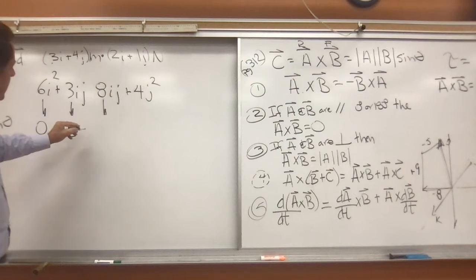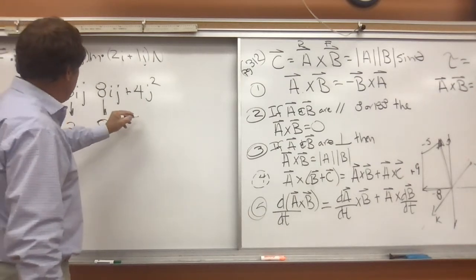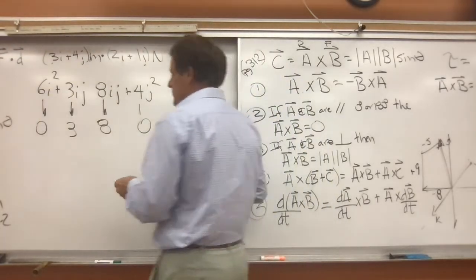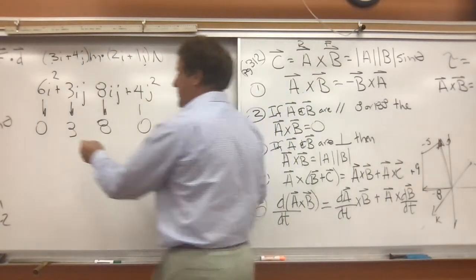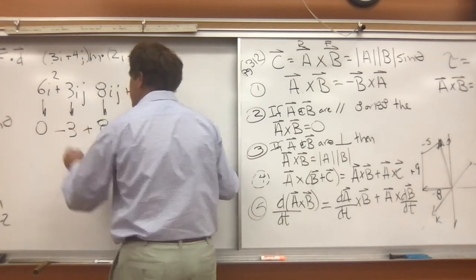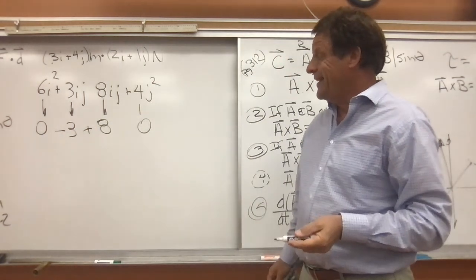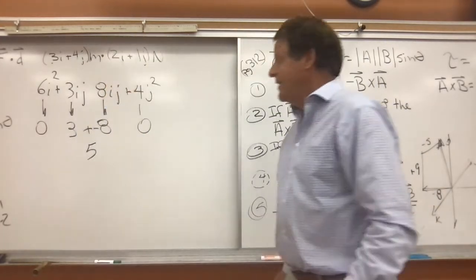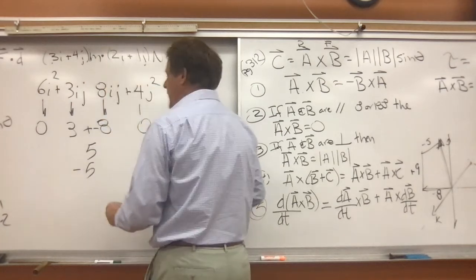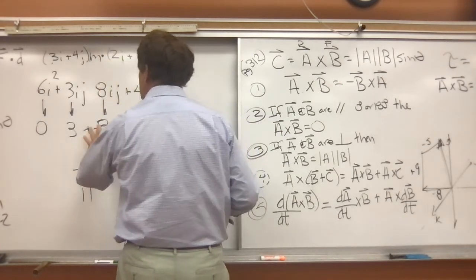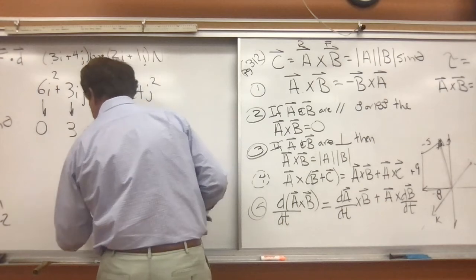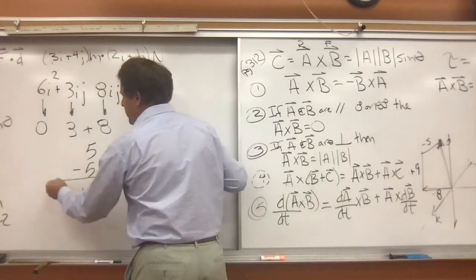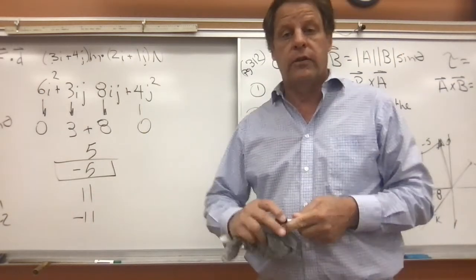Now we're going to get 3, and 8, and 0. When we add these together, we have different possibilities. We could say -3 plus 8, which is +5. We could get 3 plus -8, which is -5, and then we could get 11, and we could get -11. Those are the possibilities, and from the last one we could see that our answer was -5.